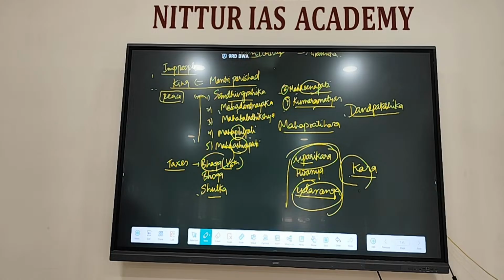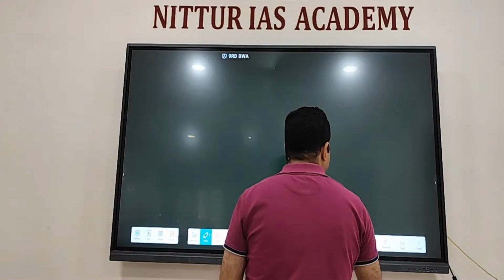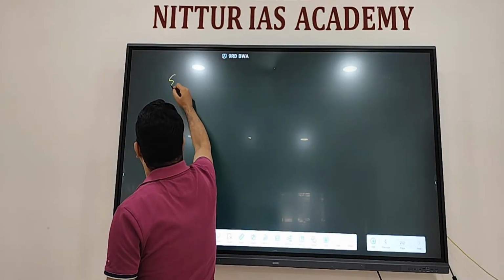Decline of royal control in some areas. Fine. So these changes are happening. Here you have to keep these changes in mind. Next we are coming to society.